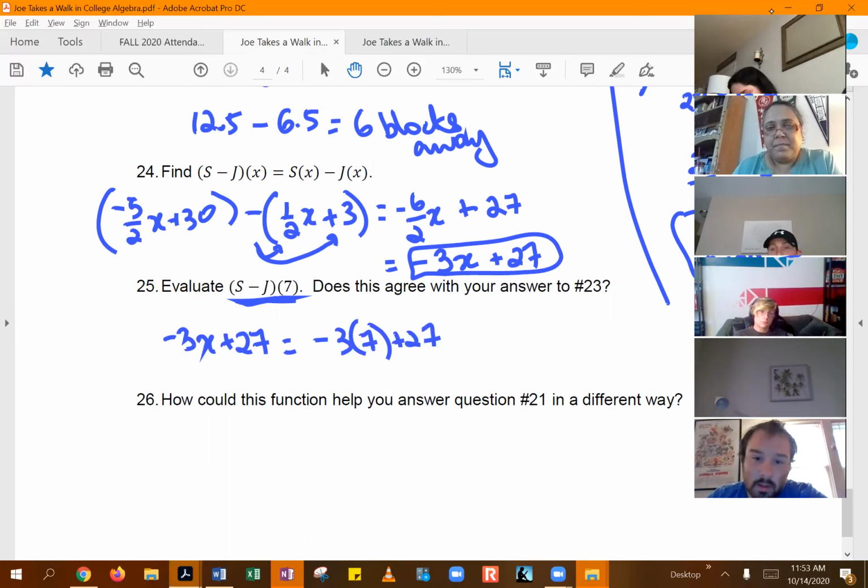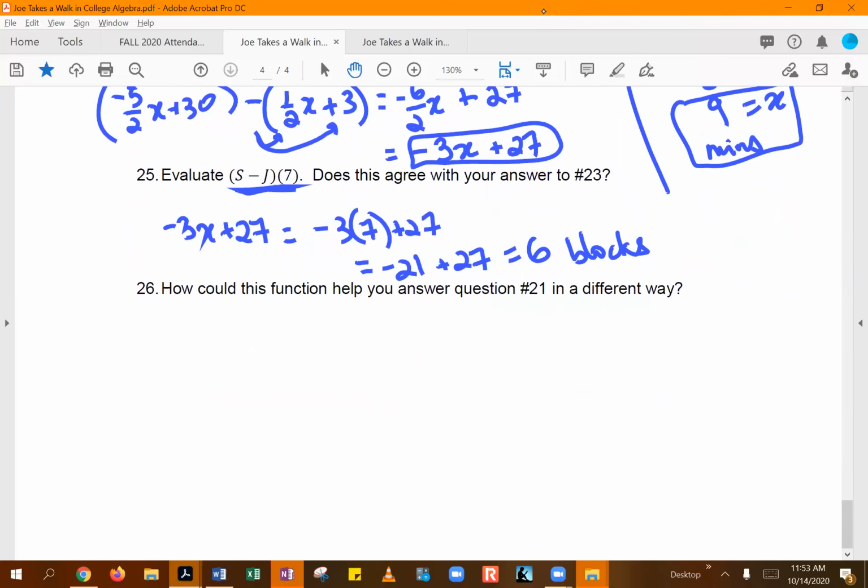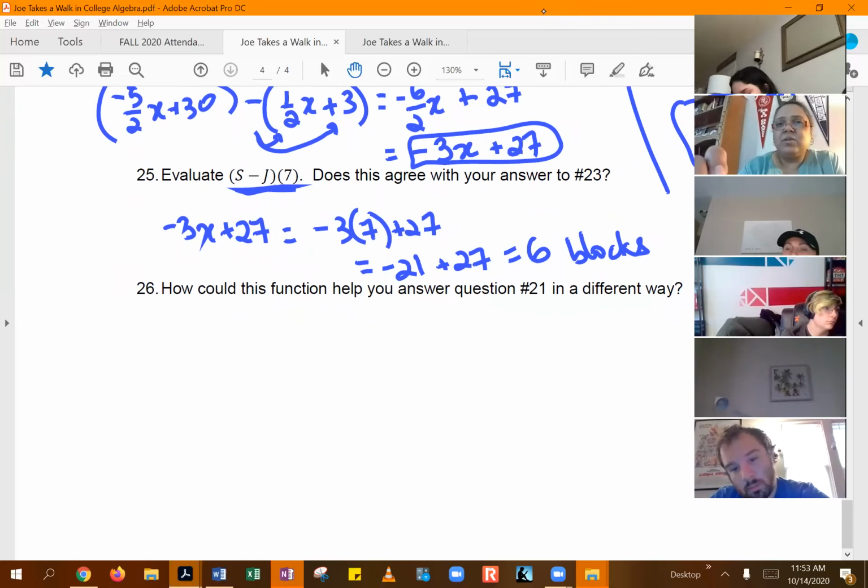Yes. Because what will we get for -3 times 7? Wouldn't we get -21? And then when you add -21 with +27, you are still going to see that difference of those two folks being 6 blocks away from each other. And you can do the same thing with Miguel's example also.